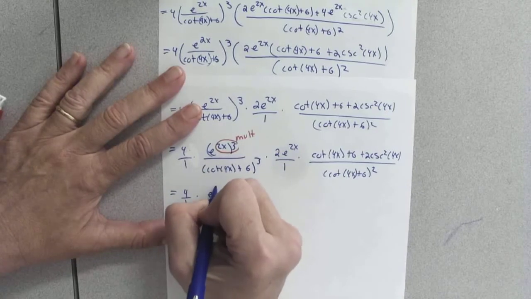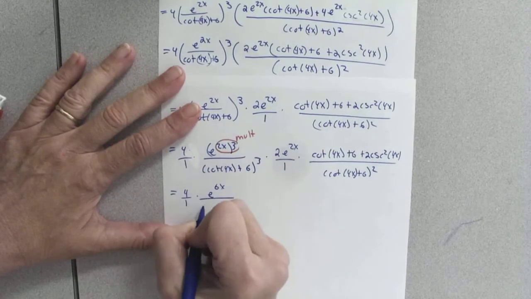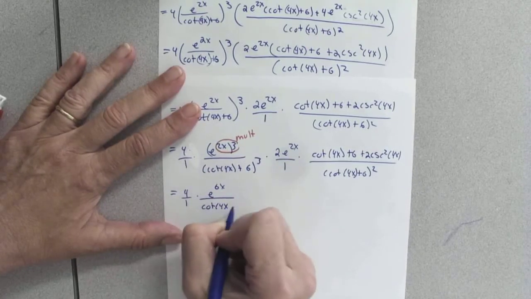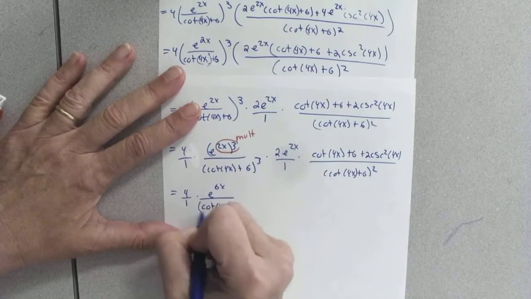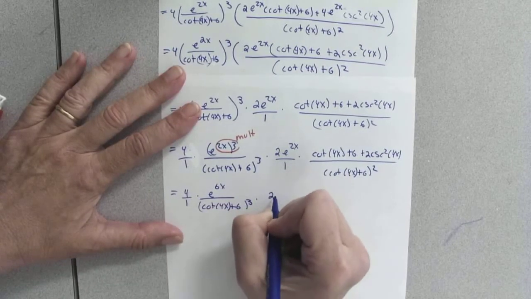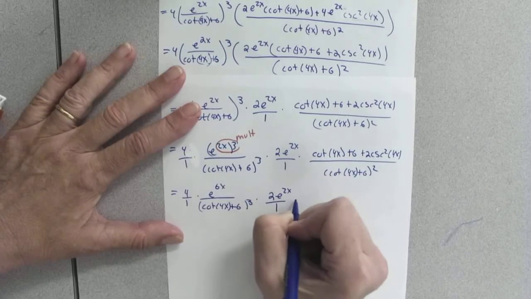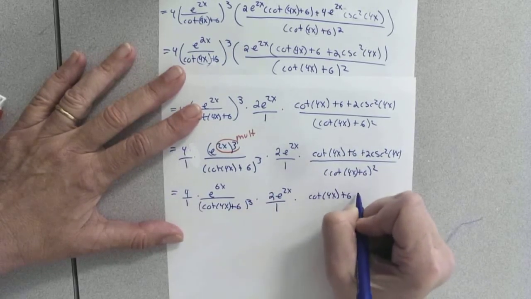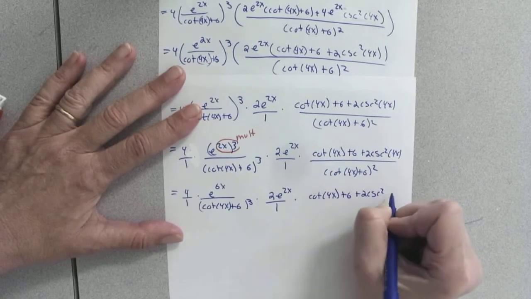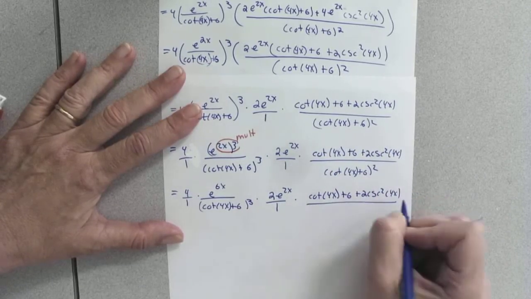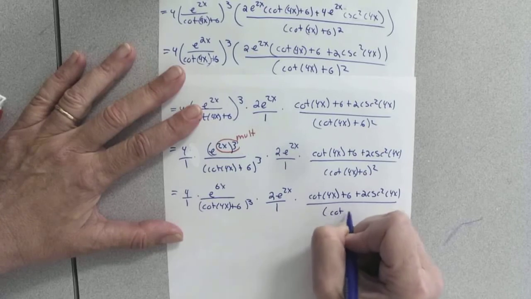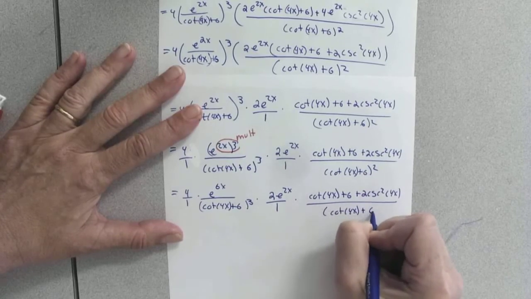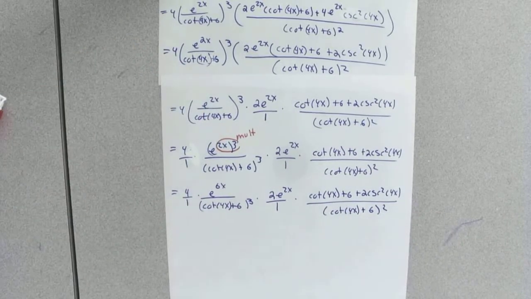So that's e to the 6x over cotangent(4x) plus 6, quantity cubed, times 2e to the 2x over 1, times cotangent(4x) plus 6 plus 2 cosecant squared(4x), all over cotangent(4x) plus 6, quantity squared. Okay, and we are almost here.